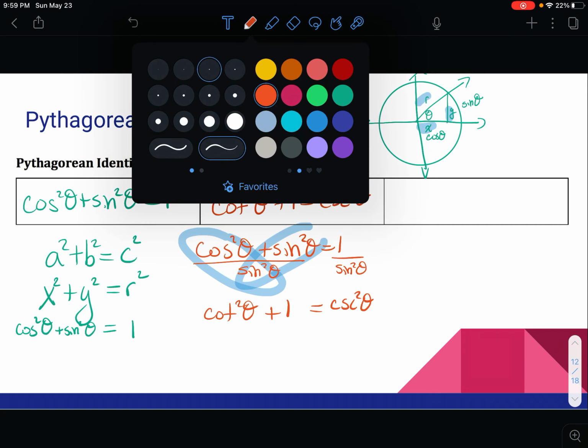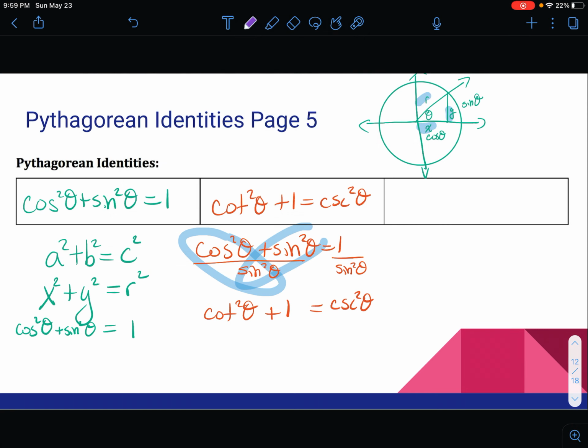Now we're going to do the same thing, but this time divide both sides by cosine squared theta. So we'll take our original Pythagorean identity and divide both sides by cosine squared theta. Don't forget we have to split the fraction. So when we divide here, we get 1 plus tangent squared theta.